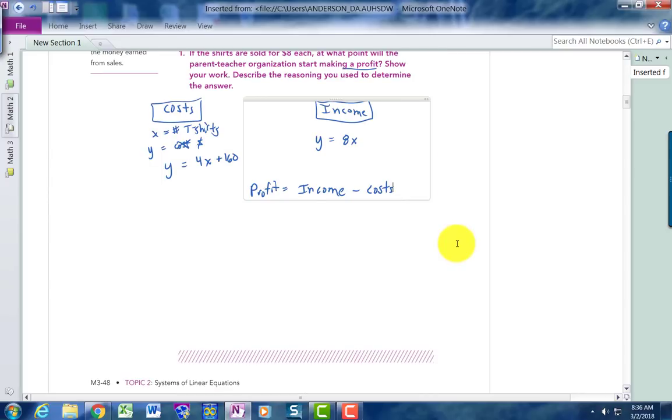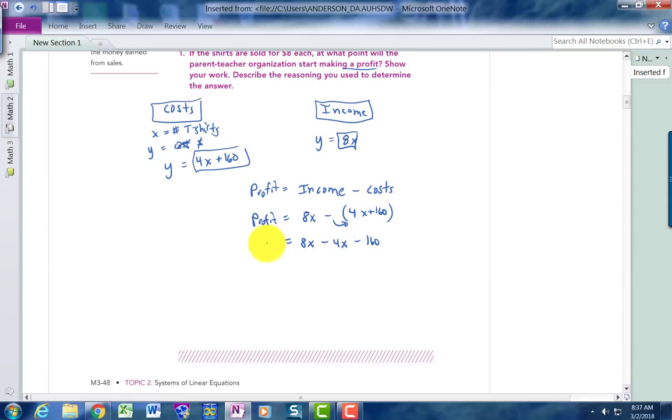If you look at your two functions, you've got income, which was 8x, and then costs, which was represented by 4x plus 160. Okay, so that would be your profit. If you distribute your negative, you've got 8x minus 4x minus 160, which would equal 4x minus 160.